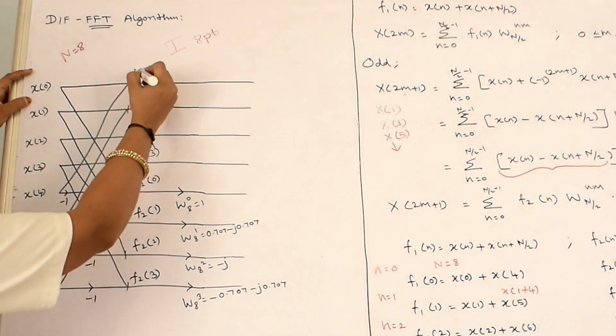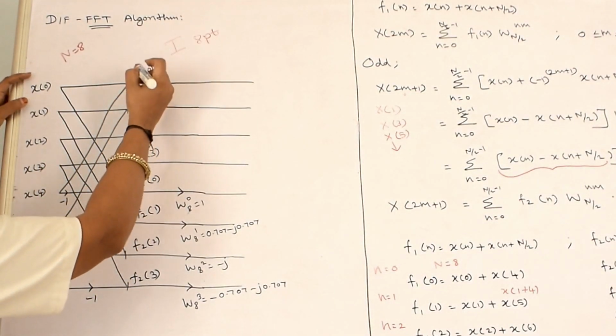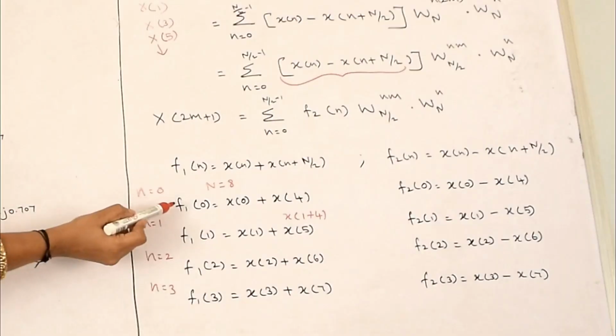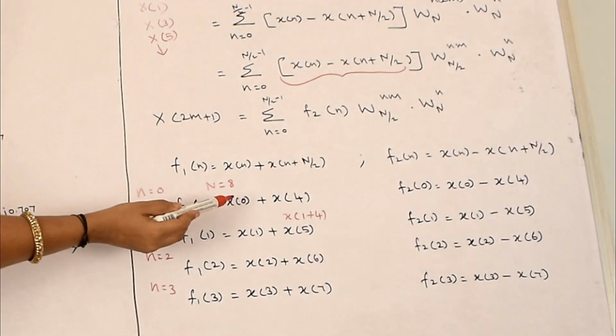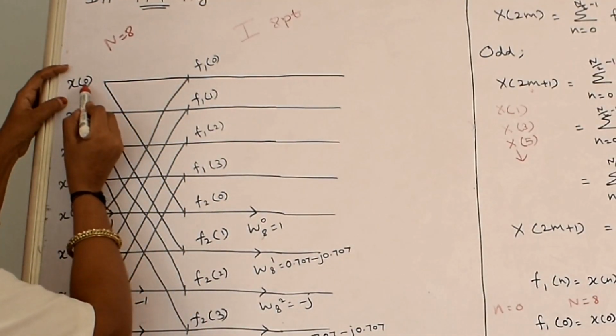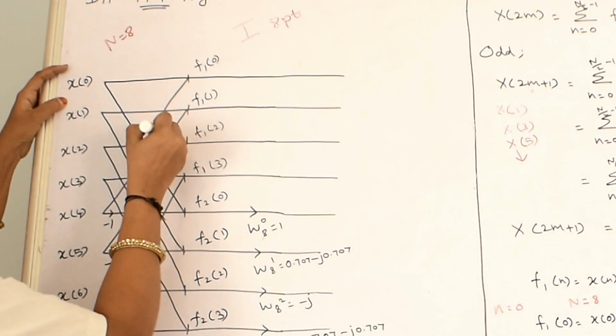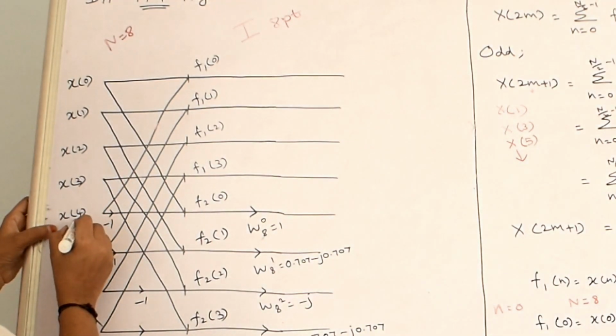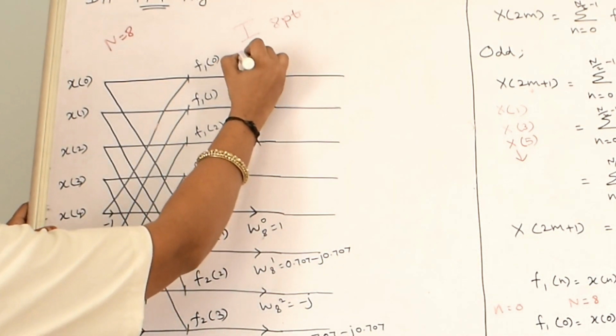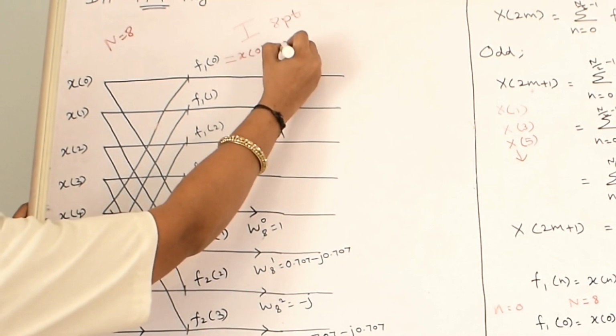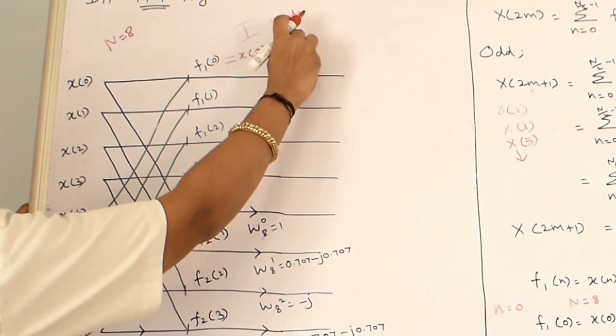So your output is f1 of 0. Here f1 of 0 is equal to x of 0 plus x of 4. I am considering the first input as x of 0 and the second input from x of 4. So at this point I will get x of 4 plus x of 0.